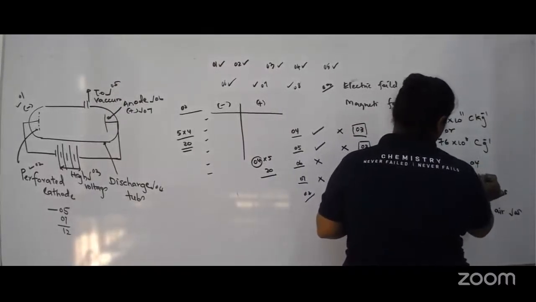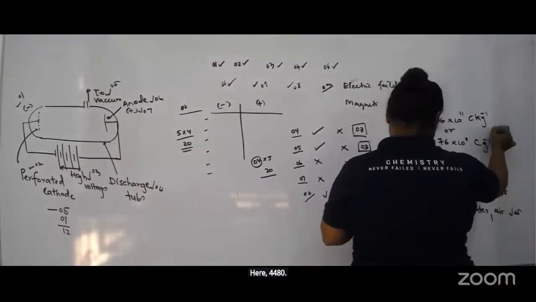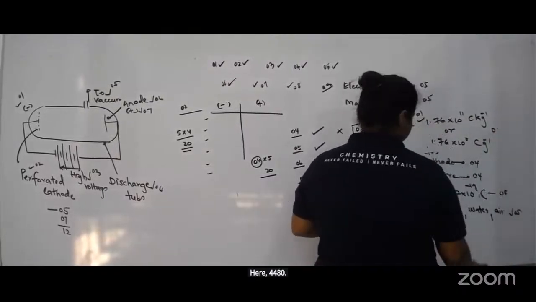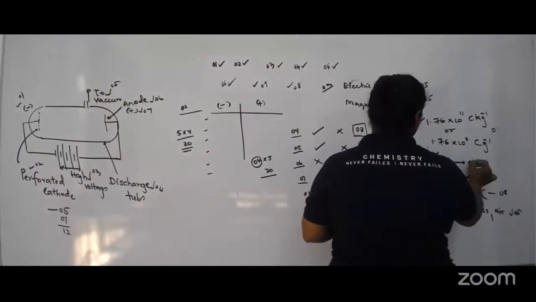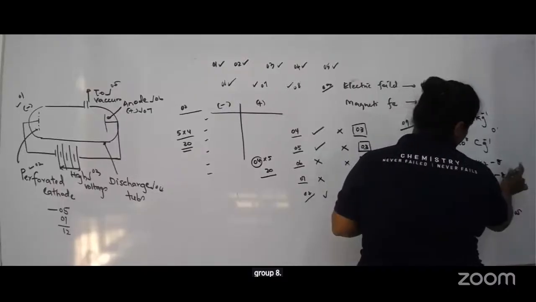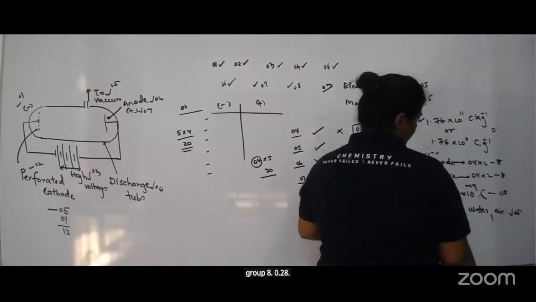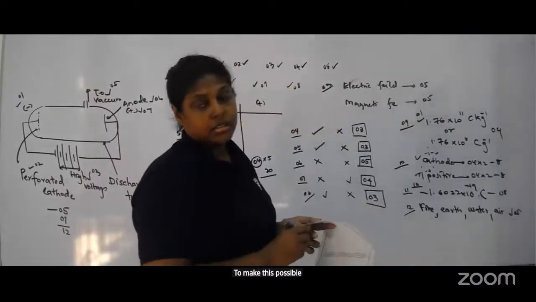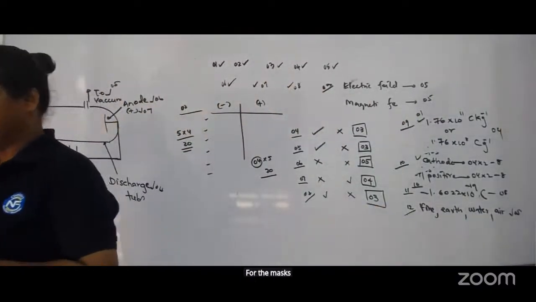Here 4, 4, 8. 4 into 2, 8. 8, 8, 16. 16 plus 10, 26. 26 plus 4, 30. Put the marks out of 100.